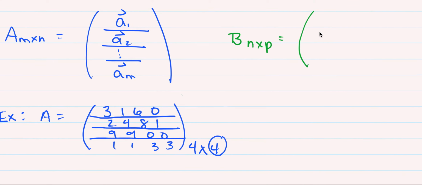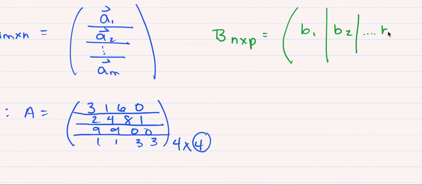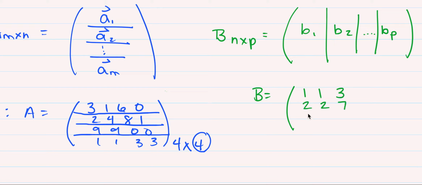We can think of that as a matrix with p column vectors, right? So if B was equal to, let's say, 1, 1, 3, 2, 2, 7, 0, 5, 9, and 6, 1, 2.